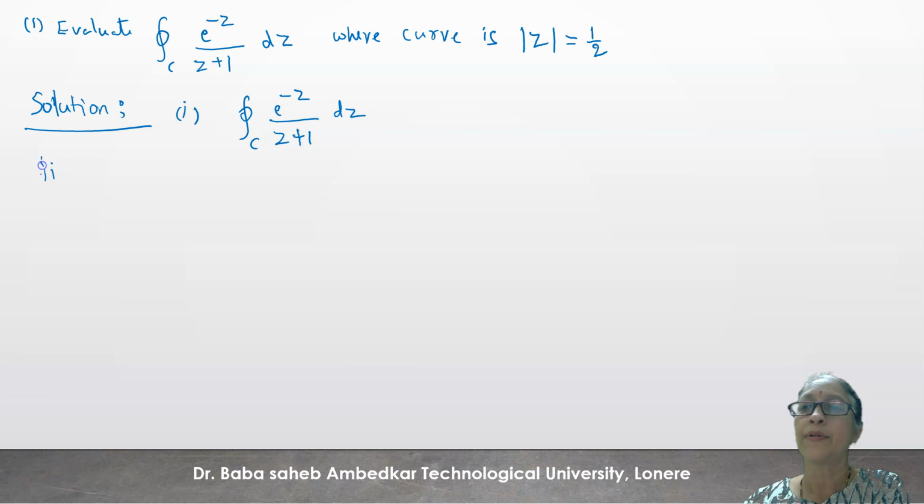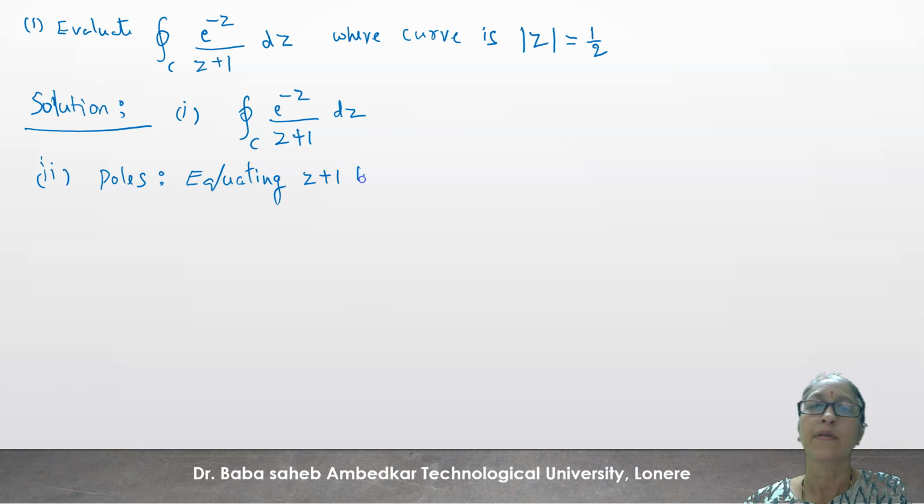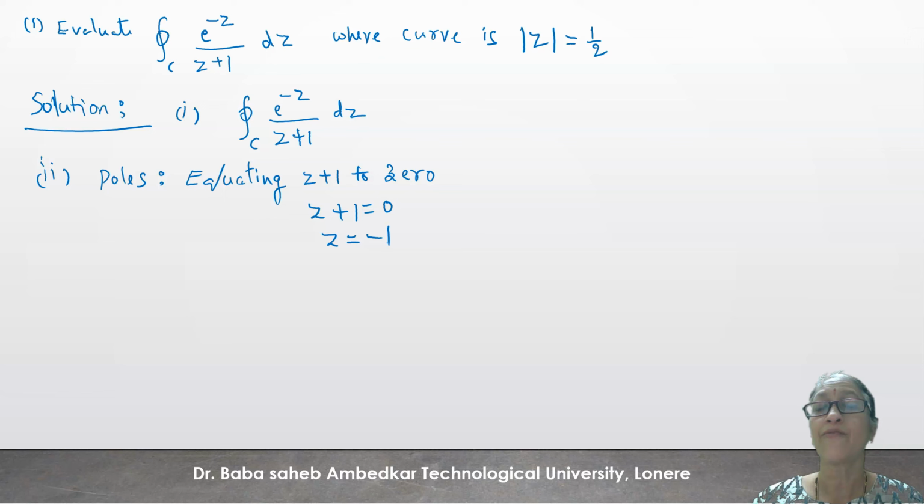In second step, we find poles by equating the denominator to 0. What is the denominator here? z plus 1. If you equate it to 0, we get z equal to minus 1. So there is only one pole, z equal to minus 1.